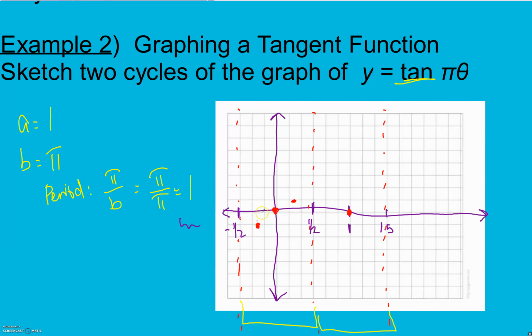That's because that's like our 45-degree mark, and square root of 2 over 2 and square root of 2 over 2 gives us 1 when we take y over x. It's an increasing function, so we go down, up. I forgot to draw my point in there. 1 1/2, 1. 1 1/2, 1. And so 2 cycles.